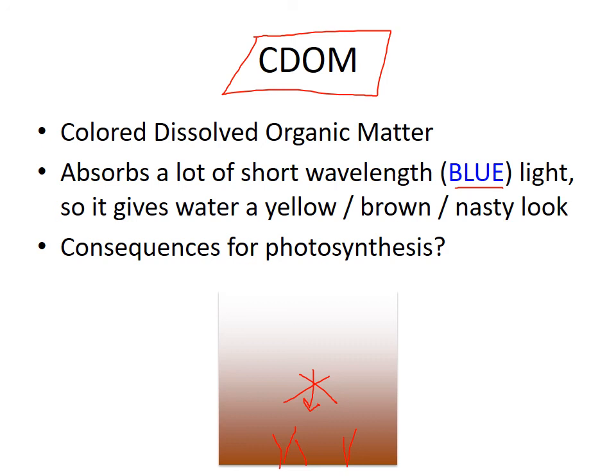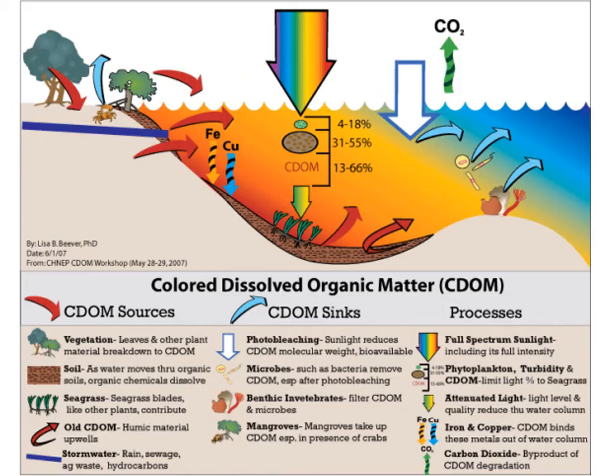The processes that create and break down CDOM are quite complex and are illustrated in this infographic here. You can see that there are a lot of terrestrial sources of colored dissolved organic matter from decomposing plant matter in soils and such. There's also some marine sources from decomposing sediments and seagrass material. And then there are some things that break down the organic matter.